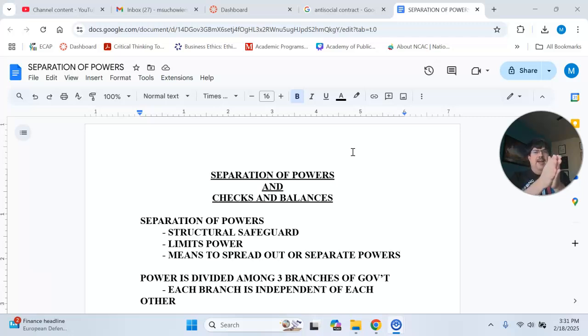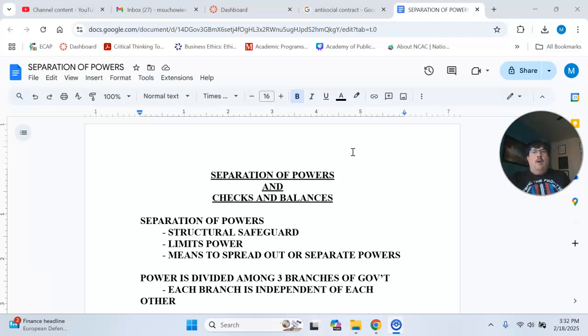So that's the idea behind separation of powers, is how do we protect the people from the government? We do that by dividing up who can do what. And then for them to do anything, they sort of have to get together and do things together. So it's a way to limit that power of what our government can and can't do and how quickly it can do something like that.